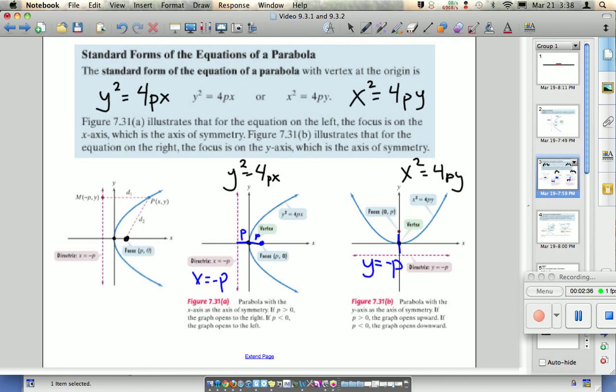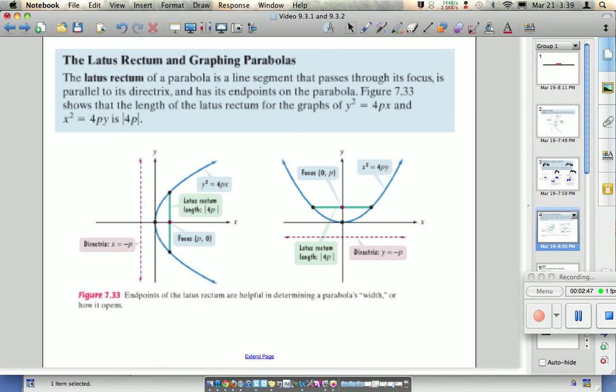There's one more important piece that I want you to understand, and you might even want to write down and take notes on, or be prepared to look it up in your book when you're solving some problems. The next piece you want to look at is what's called the latus rectum. The latus rectum is a line segment that passes through the focus.